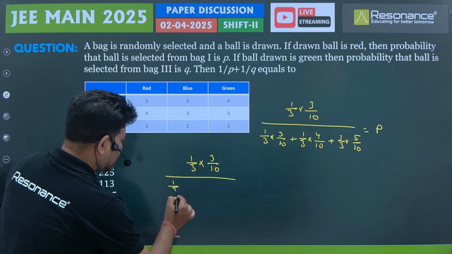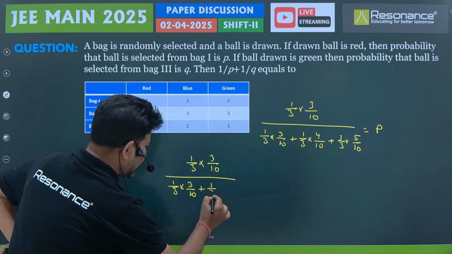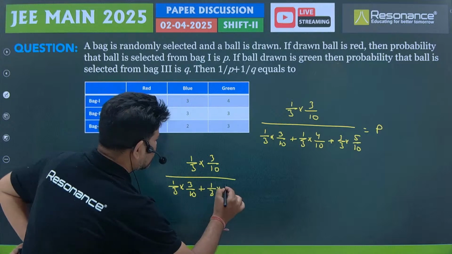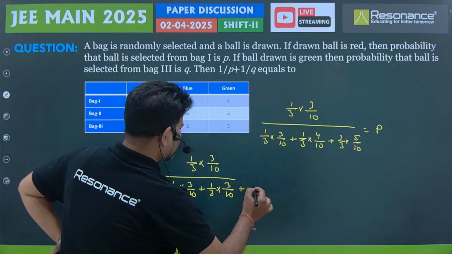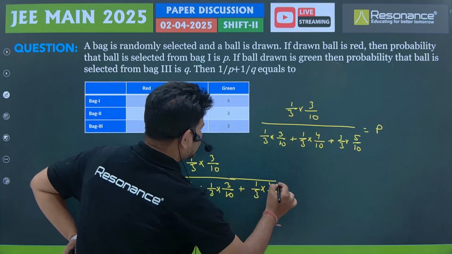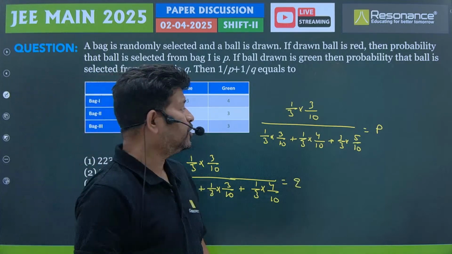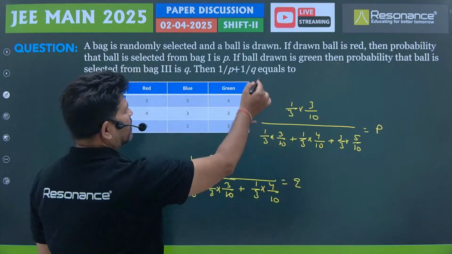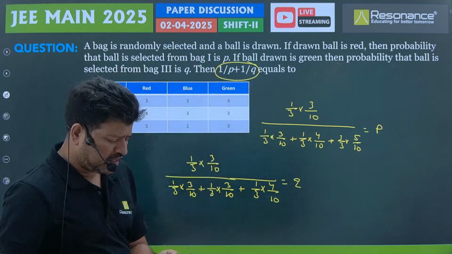So from the third, 1 by 3, 3 by 10. Second, 1 by 3, 3 by 10. And first one, 1 by 3, 4 by 10. This is the value of Q. Once you find the value of P and Q, simply you have to find the value of 1 by P plus 1 by Q. Easy sum only this one.